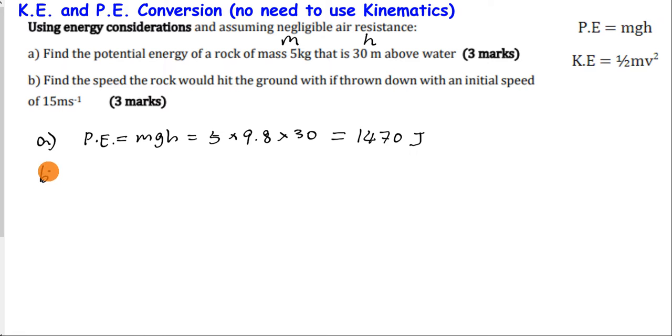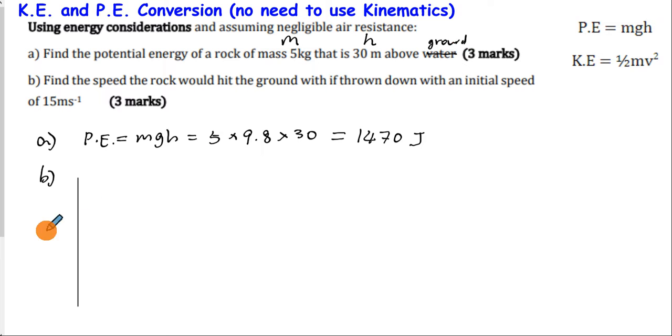Now B part, find the speed of the rock would hit the ground with if thrown down with an initial speed of 15 meters per second. So this rock is 30 meters above ground, above water, or it should be ground in here, isn't it? It says hit the ground or hit the water.